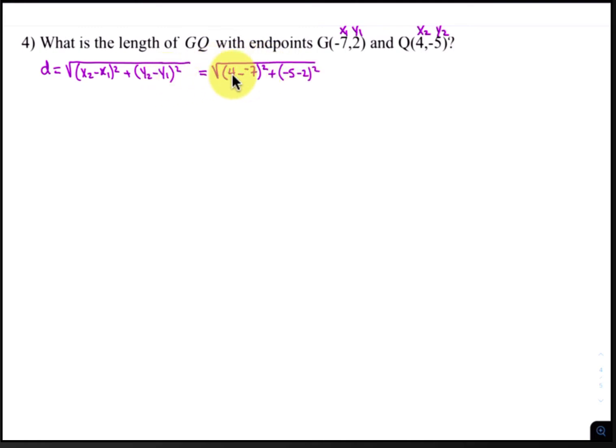Let's plug in the numbers. We have the square root of 4 minus -7 squared plus -5 minus 2 all squared. That gives us the square root of 11 squared plus -7 squared, and that comes out to be the square root of 121 plus 49, which is the square root of 170. So that is the distance from G to Q.